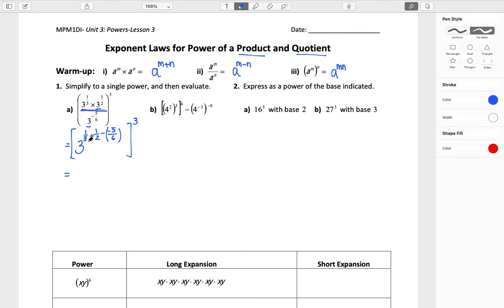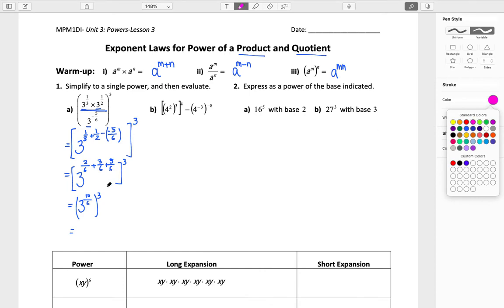You can make a common denominator, or you could use a calculator. 3 to an exponent of, the lowest common denominator will be 6. So I'll be doing 2/6 plus 3/6, and the negative becomes positive 5/6, all to the power of 3. And we add the numerators, so we have 3 to the 10/6, to the power of 3. When we have a power of a power, we can multiply 10/6 times 3.